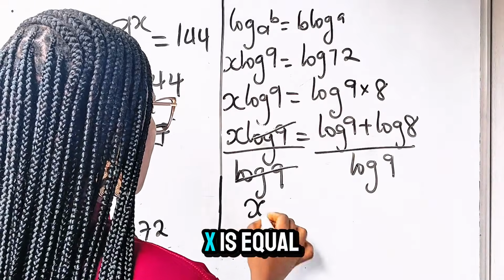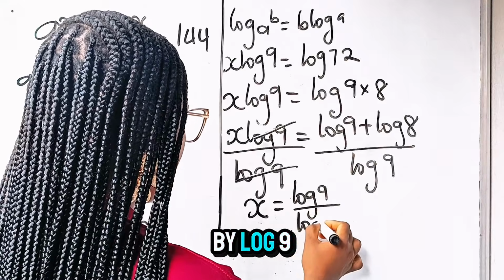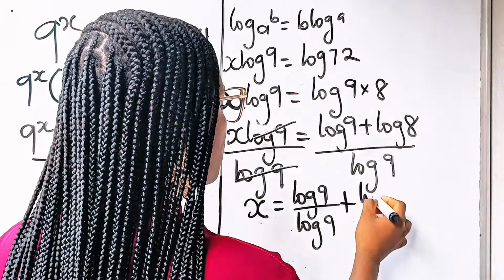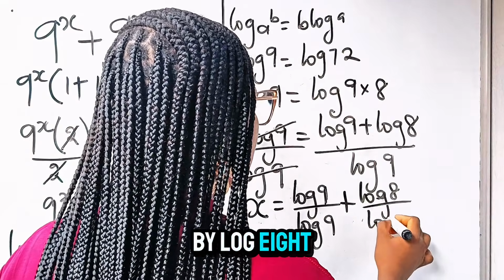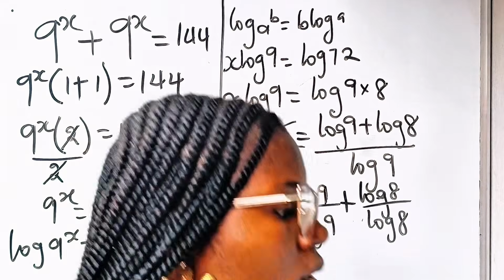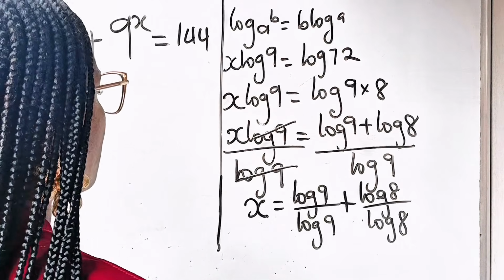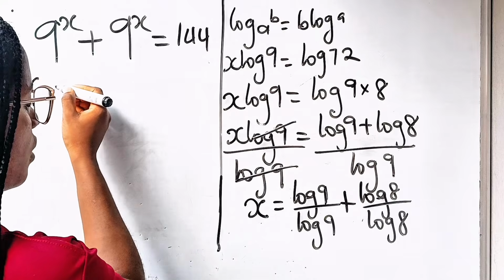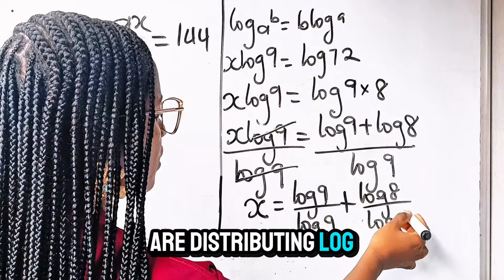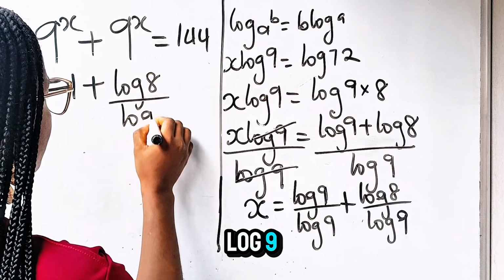So we have x is equal to log 9 divided by log 9, because we need to distribute the denominator, plus log 8 divided by log 9.